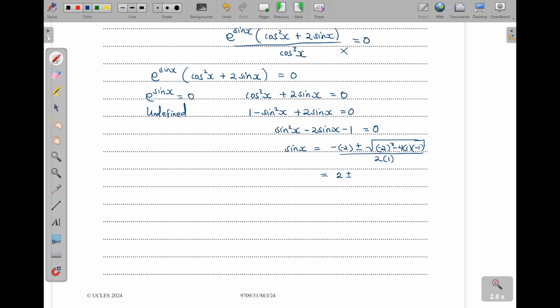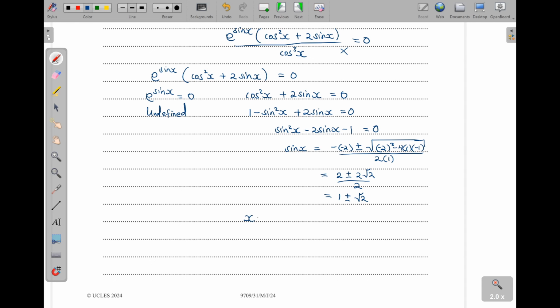Inside here you have 2 squared, that is 4, then plus 4, that is 8. So root of 8 is actually the same as root of 4 times root of 2, so this is 2 root 2. So I can write this as 2 root 2, then divide by 2. Automatically the 2 will cancel and it becomes 1 plus or minus root of 2.